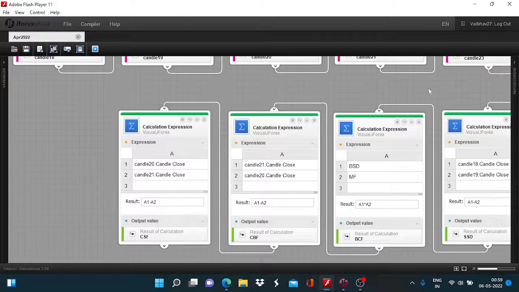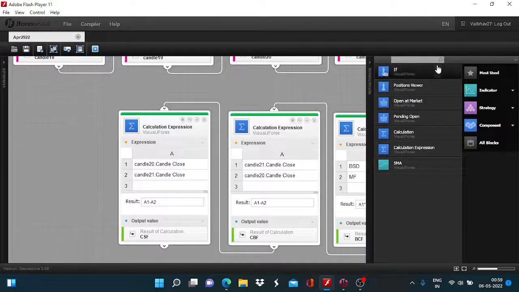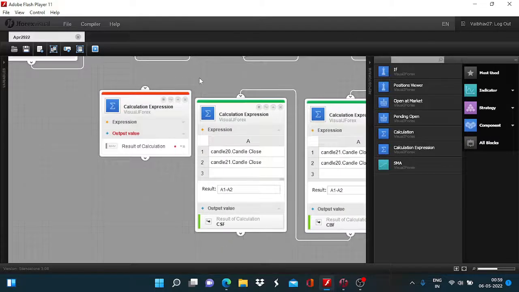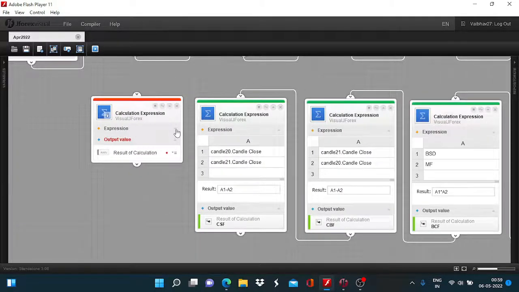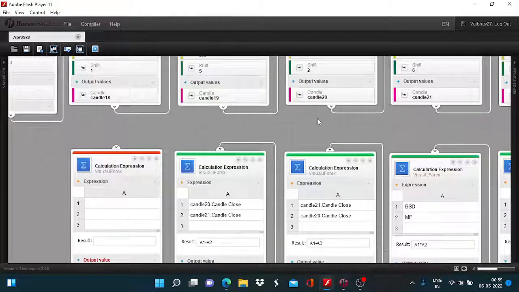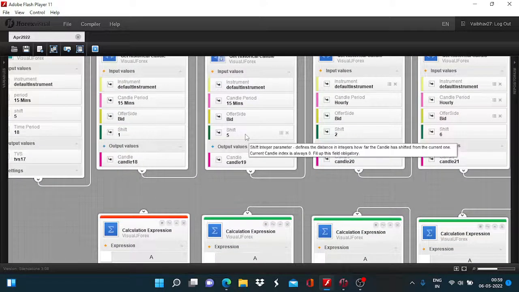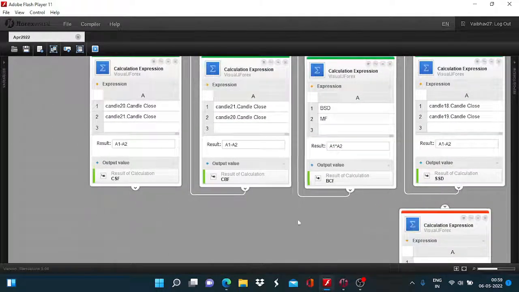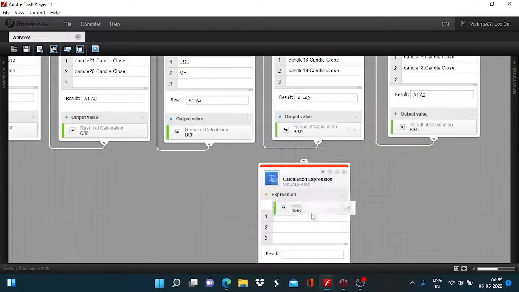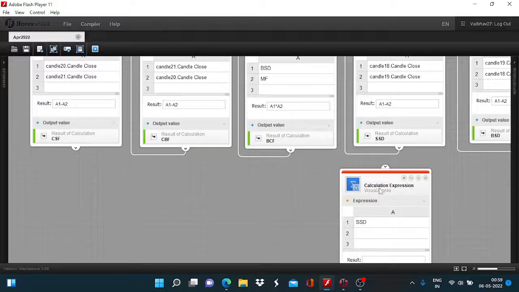And along with this, we have to consider 8 times the closing difference of two 15-minute candles with the look back period of 1 and 5 respectively. So this needs to be multiplied by 8.